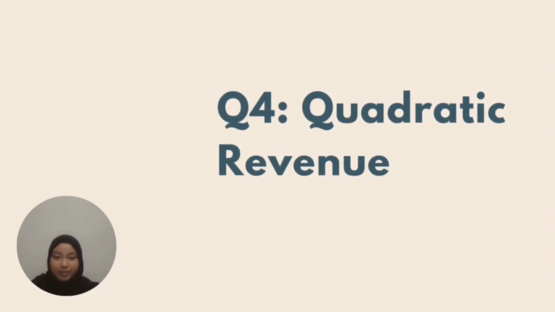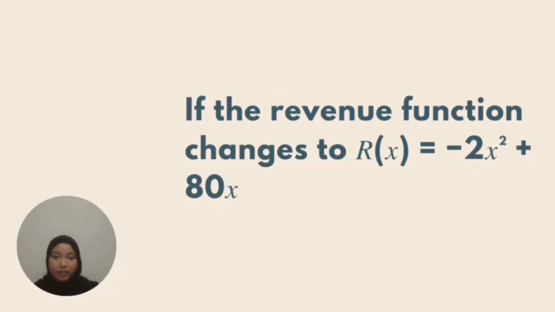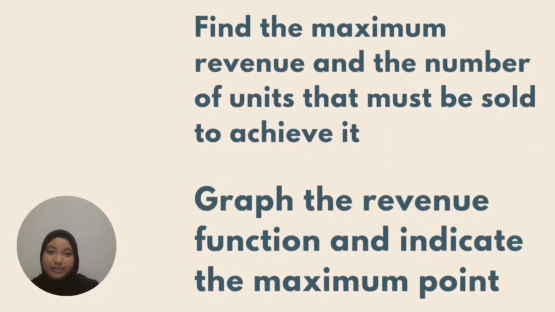So the next question is question 4, which is quadratic revenue. The question is, if the revenue function changes to negative 2x squared plus 80x, find the maximum revenue and the number of units that must be sold to achieve it, and graph the revenue function and indicate the maximum point.